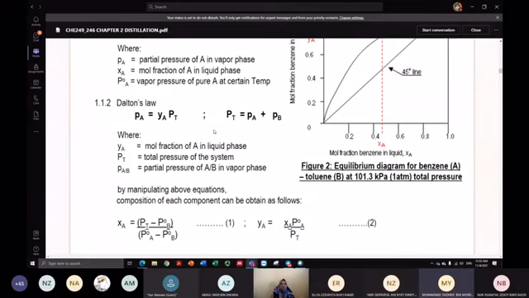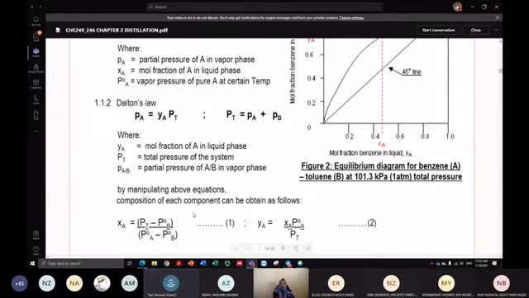Equation number 1. If you were to use equation number 1, you have PB naught and PA naught. What about P total? It is constant pressure.